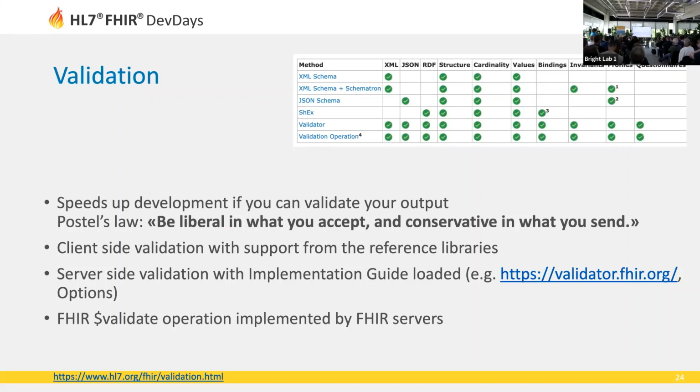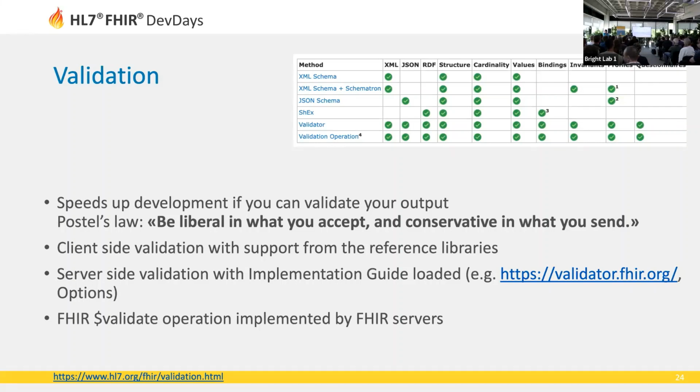I'm not sure if you're familiar with Postel's law: be liberal in what you accept and conservative in what you send. I think this is something really important. If you produce information for an exchange, please check that what you are producing is correct. And you have a lot of support also from FHIR tooling. You have client-side validation support in the reference libraries.